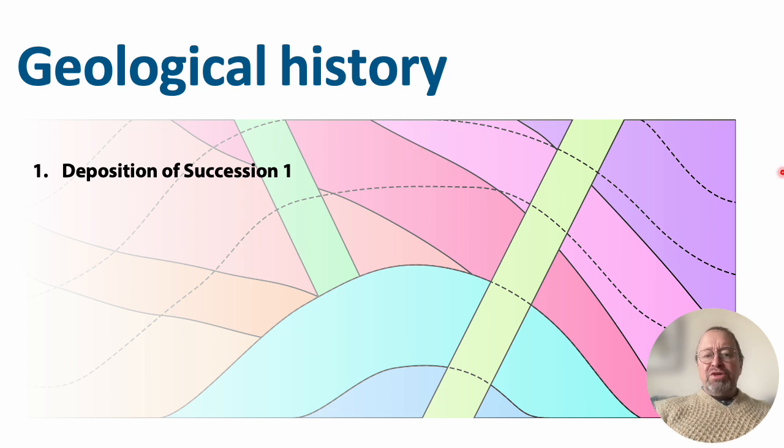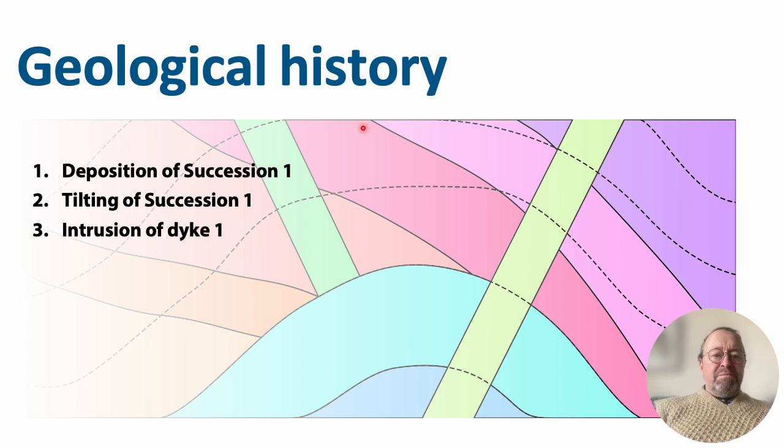We don't know immediately looking at this which one is the bottom and which is the top. That can be worked out, but this sequence has been deposited and then it has been tilted. Right, we know it must be tilted. It's dipping. You can see it's cross-cutting the topography. We know it's been tilted, and then it must have been intruded by this dike, the one on the left here.